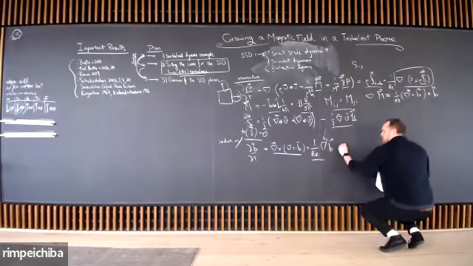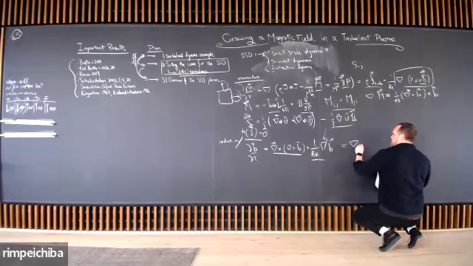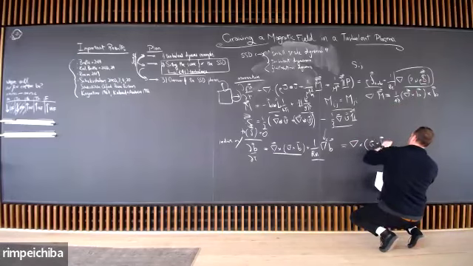Well, you can also rewrite this equation if you want to, in terms of minus, where J is our current density.